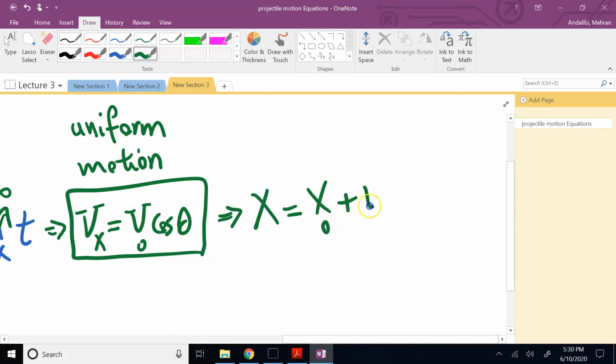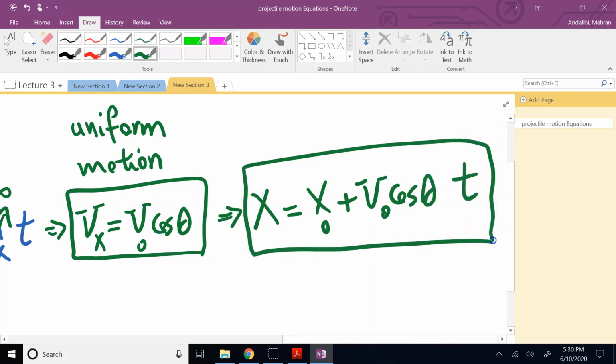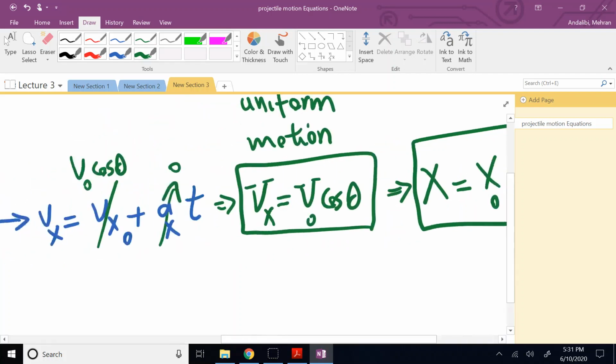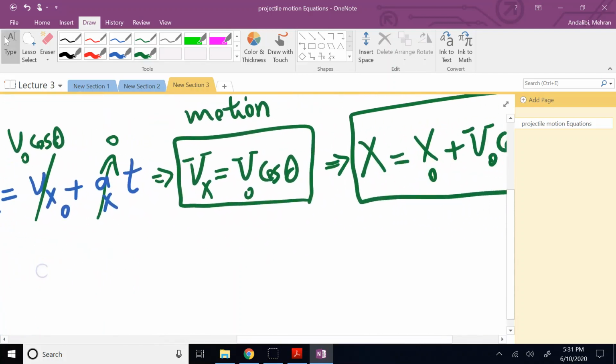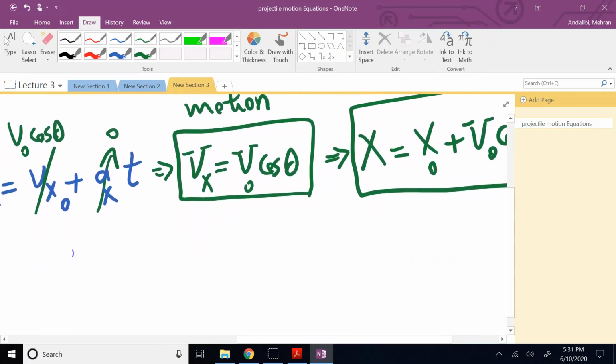My constant velocity times t. So this is how my x is going to change versus time. It's the initial position plus a constant number times t. So it's a linear function of time. X is changing linearly with time. So these three, the red one and the two green, are x equations.